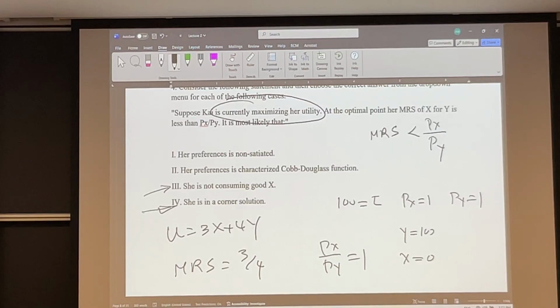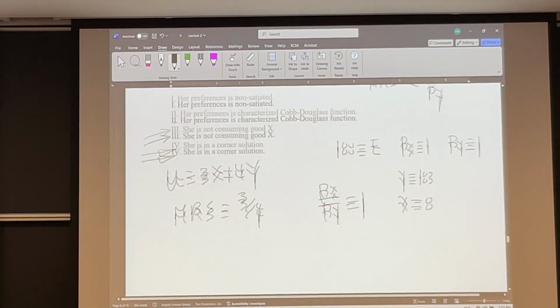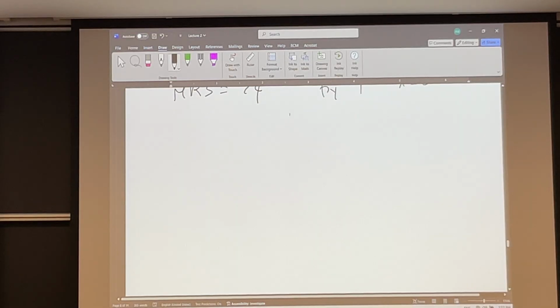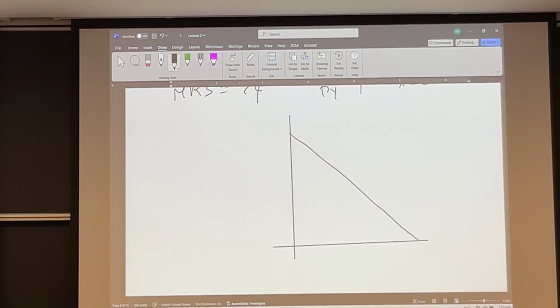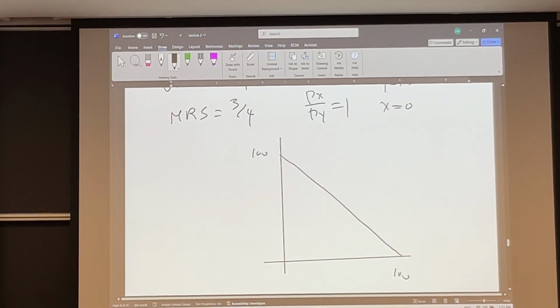Make sense? The MRS is constant. How can you make it equal to the relative price? If I want to graph it, that's what the graph looks like. That's the budget line. The slope is 1. Is he optimizing?